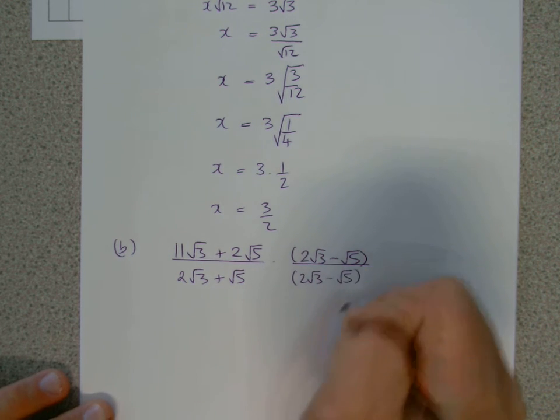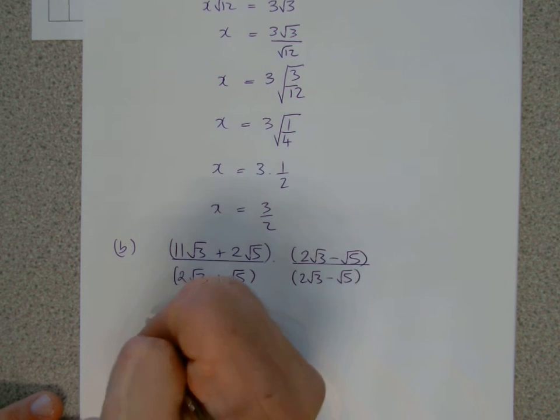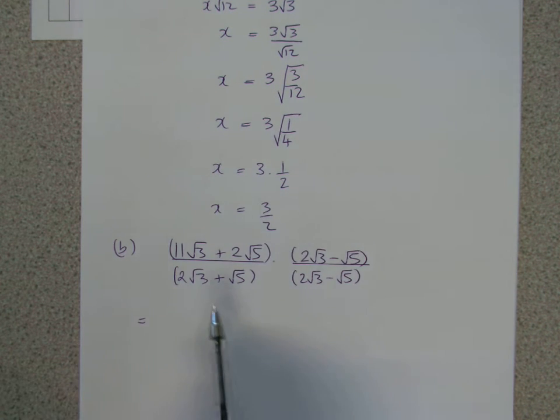Okay, multiply top and bottom by the same thing, switch the sign so it's a minus. And then when we go about this, right, we'll have firsts, okay, so multiply the top brackets out here.